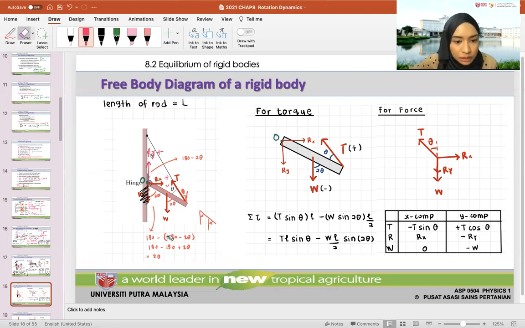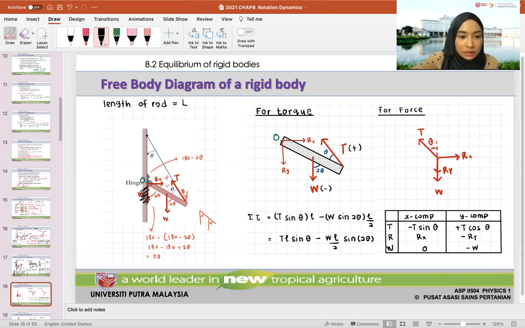Okay. So here, they calculated 180 minus 20. Why did they say 180 minus 20? Wait. Oh, okay. They want to know this one. Let me erase this.